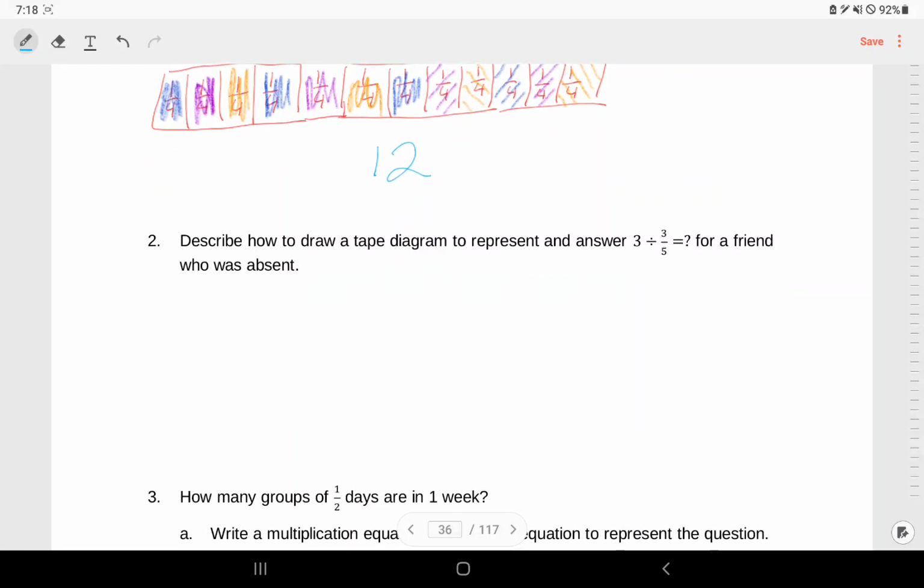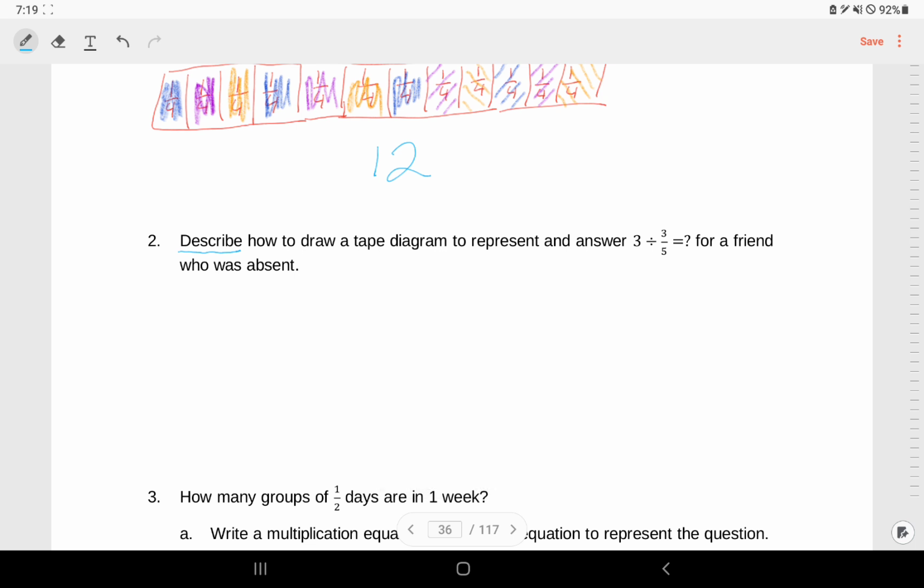Now, the type of question that everybody seems to struggle with is describe or explain. This means use words, okay? So we're not just going to draw a tape diagram, because we have to explain how to do it. You're trying to explain to somebody who is absent how to do this.